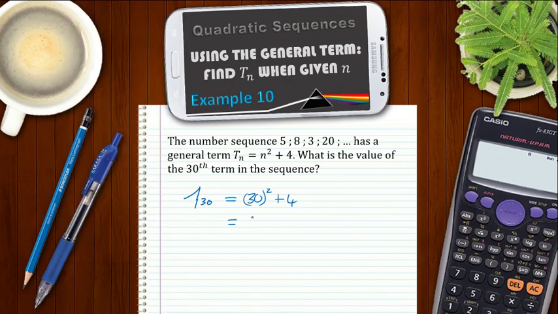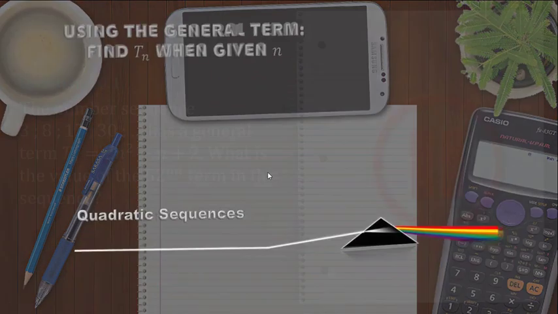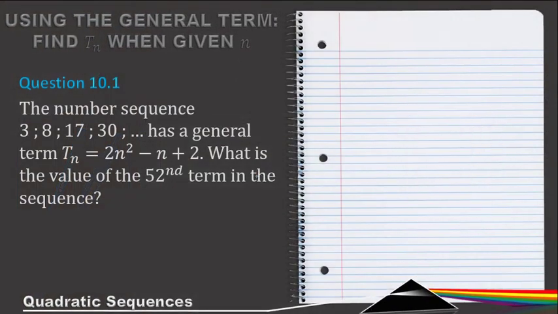Is 904. Okay, so the 30th term's value is 904. Question 10.1, the number sequence has a general term Tn equals 2n squared minus n plus 2. What's the value of the 52nd term in the sequence? So T52 is equal to 2 times 52 squared minus 52 plus 2.